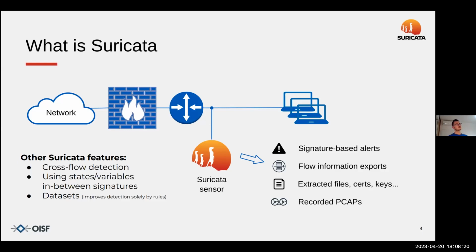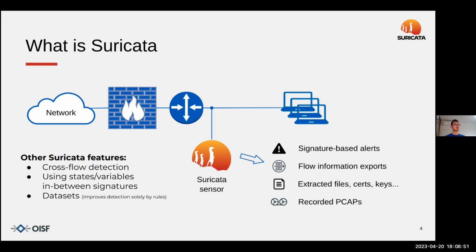It can not only do that, but it can also monitor traffic, export flow information, and extract metadata and files of the traffic so that you have it available for later analysis. Suricata can also record PCAPs, either triggered by rules or you can have full packet capture.